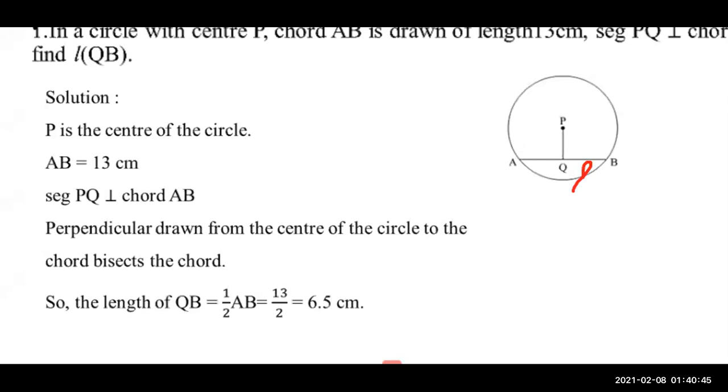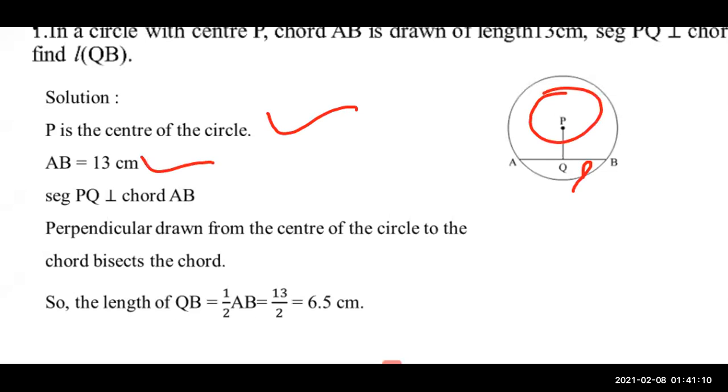Now first in the solution, what are you going to write? The main thing is, which is our center of the circle? P. Now see, P is our center of the circle. The measurement of AB is given, that is 13 centimeter.